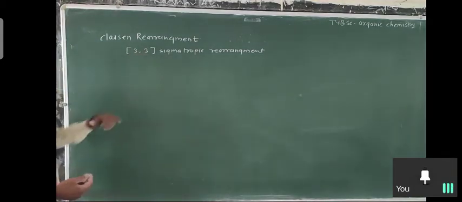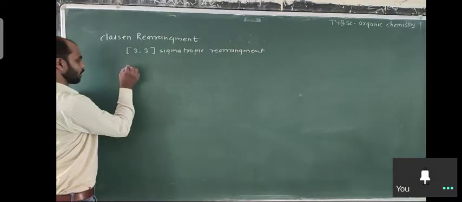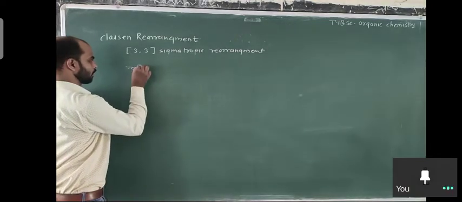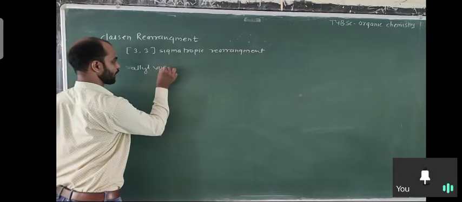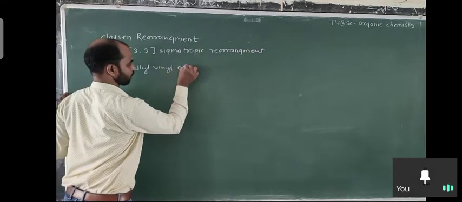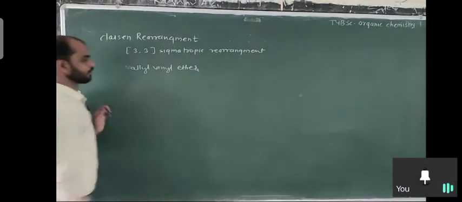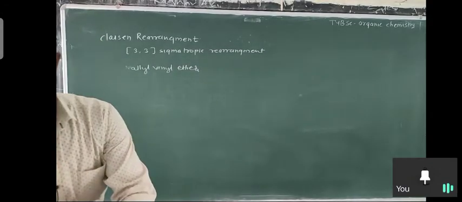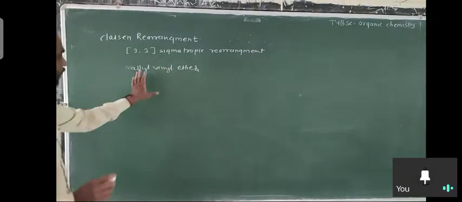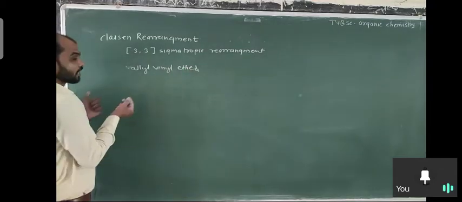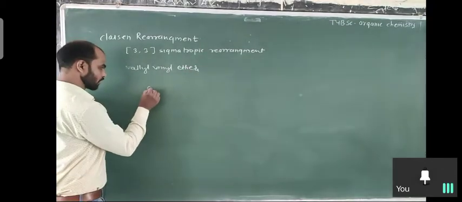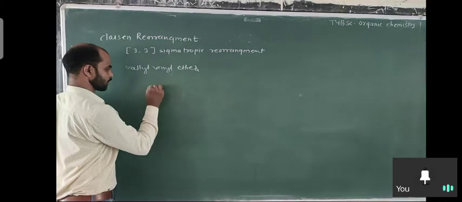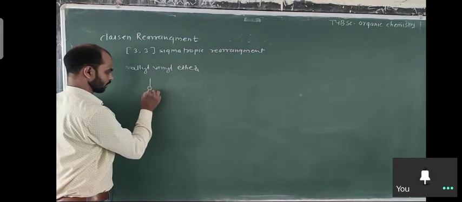So in that rearrangement, allyl vinyl ether is used as a starting material. What is the allyl vinyl ether? Oxygen, and suppose here two carbons.